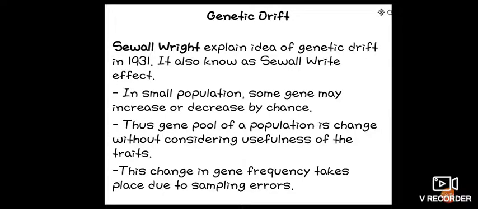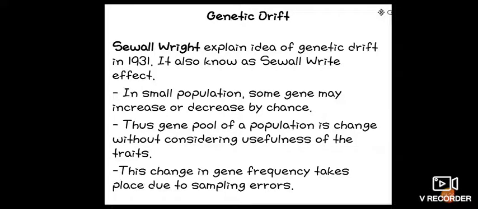It refers to a change in gene frequency brought about purely by chance in a small population. In a small population, some genes may increase or decrease in frequency by chance. This leads to changes in gene frequency within the population.